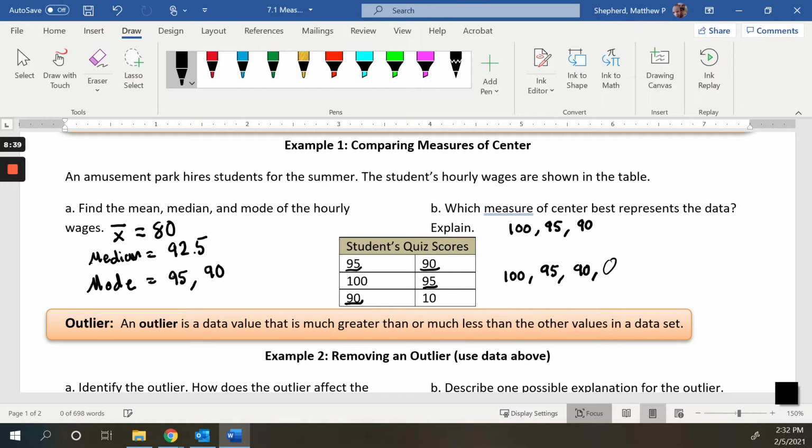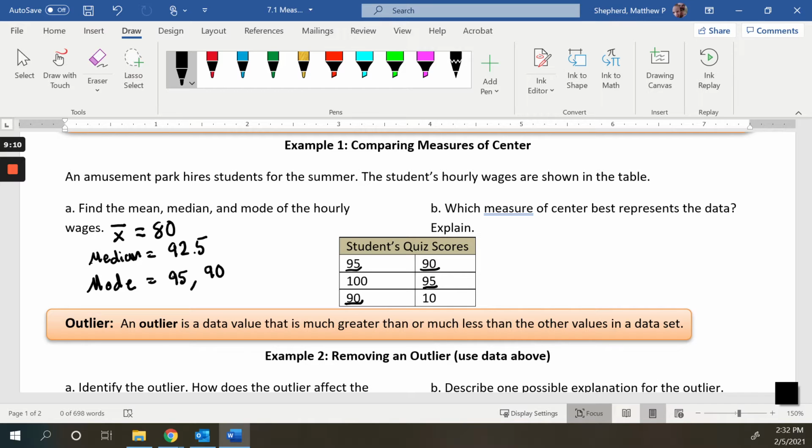who just had that one day where he got a 0, and heck, maybe he was absent that day. That 0 seems really odd and out of place. So that 0 is what we'd call an outlier. When you have one number that is so far away from the rest of the numbers, away from the grouping of the numbers, that you feel like there's something odd going on about it, that's an outlier.